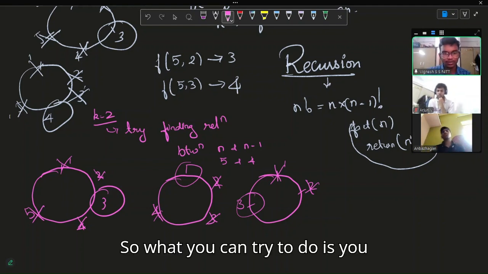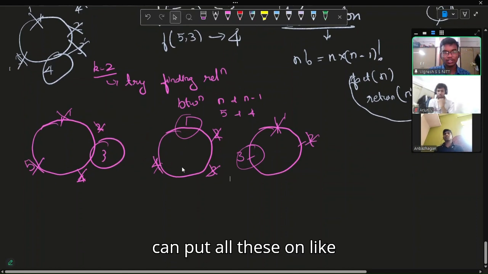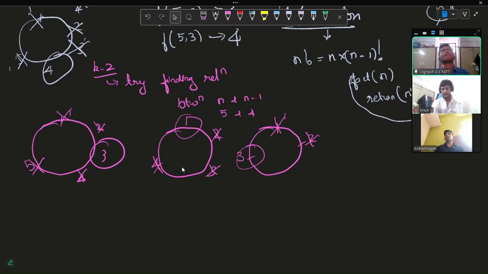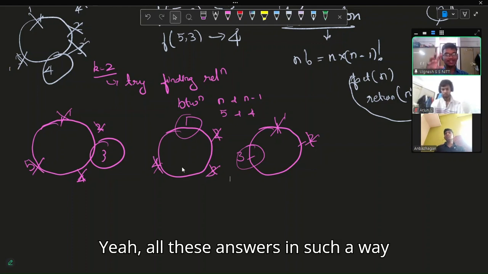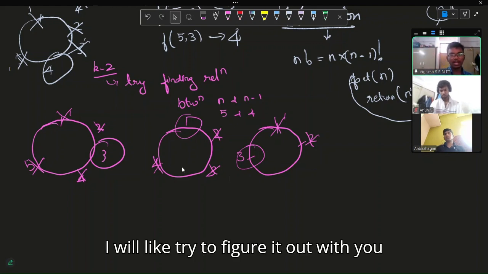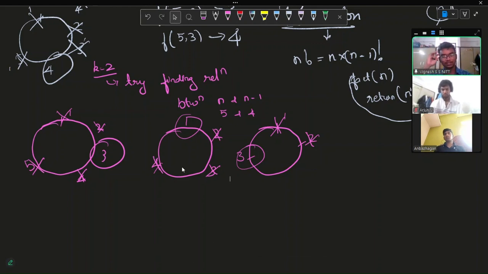So what you can try to do is put all these answers in such a way that they get a relation to the numbers. I will try to figure it out with you.